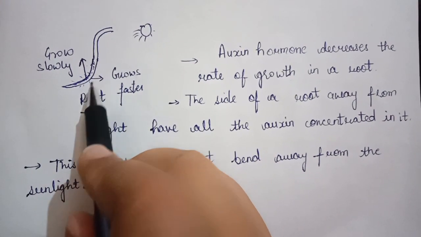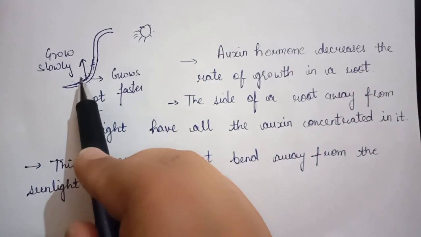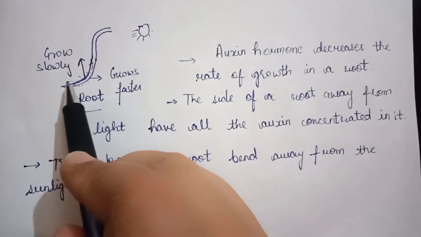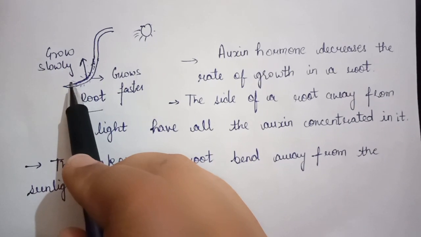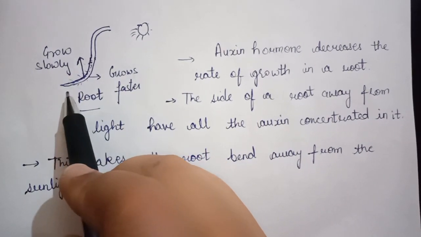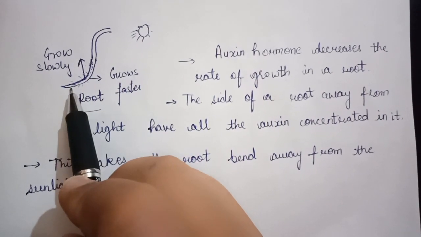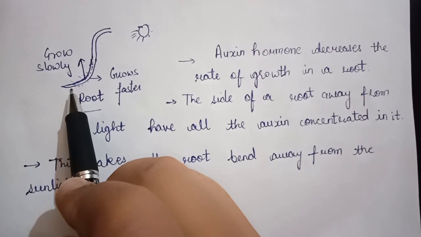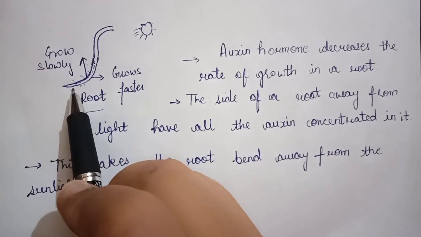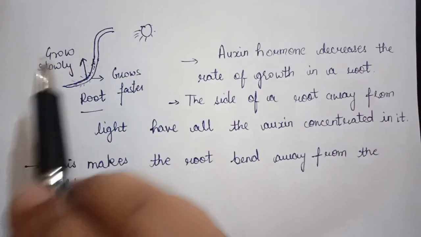That's why roots bend away from the sunlight, showing negative phototropism, but stems show positive phototropism.